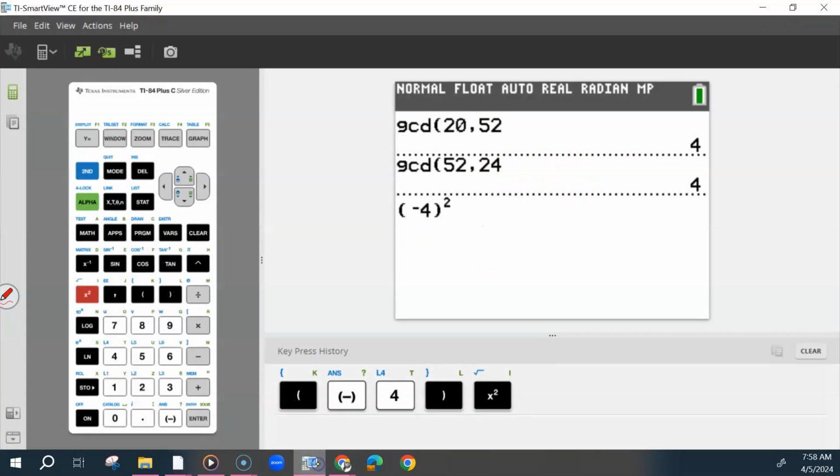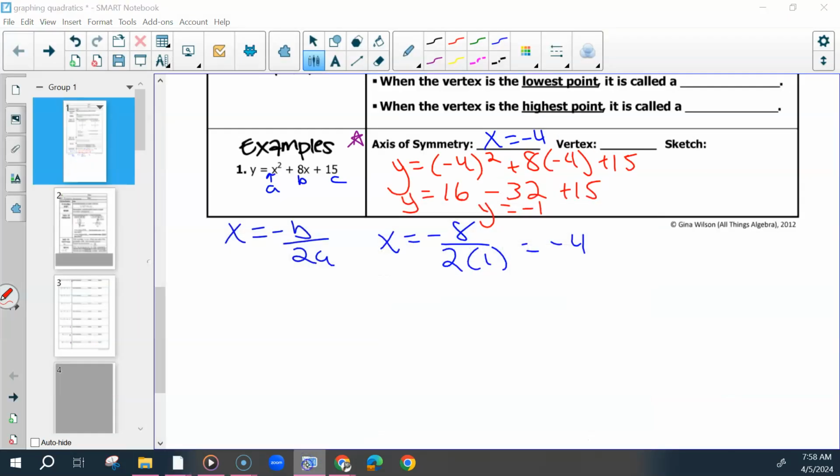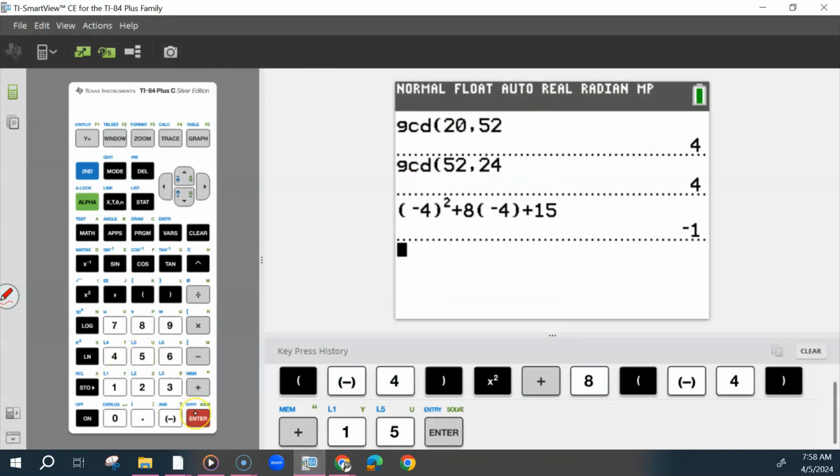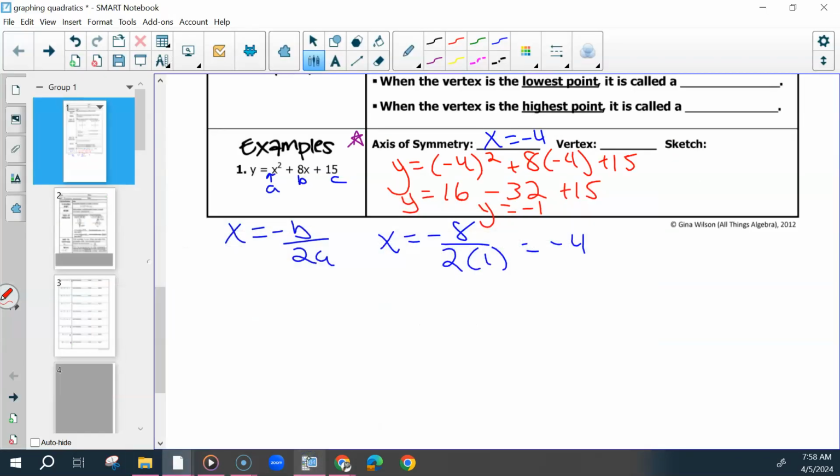Plus 8 times negative 4 plus 50. Should give you negative 1. Be careful with your math as you're simplifying if you're doing it by hand. So then your vertex is going to be negative 4, negative 1 in parentheses. Is it the small vertex, right? It's x, y.